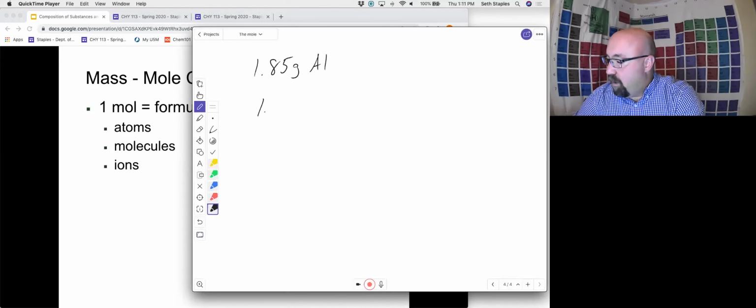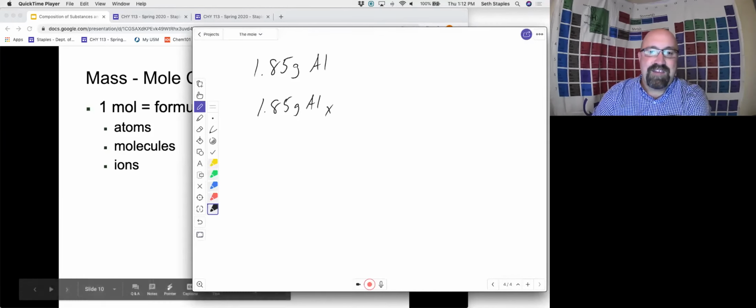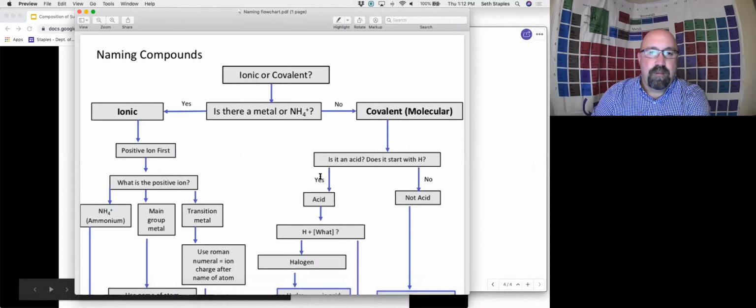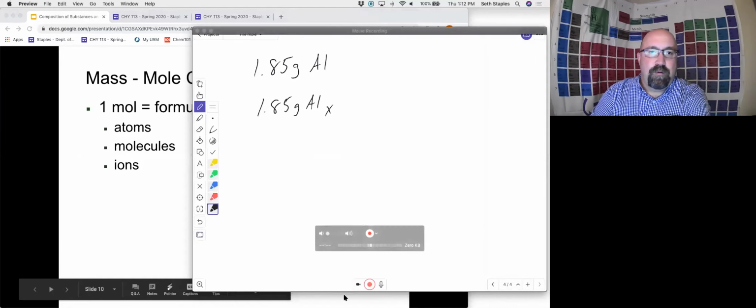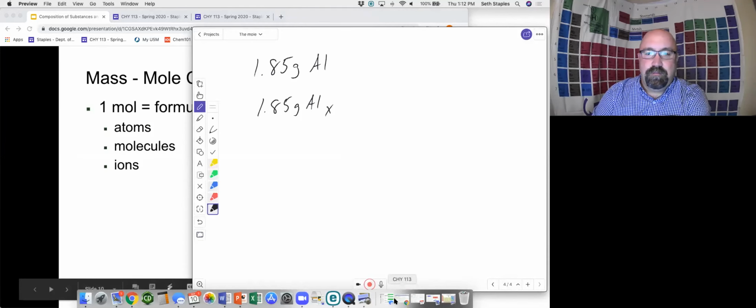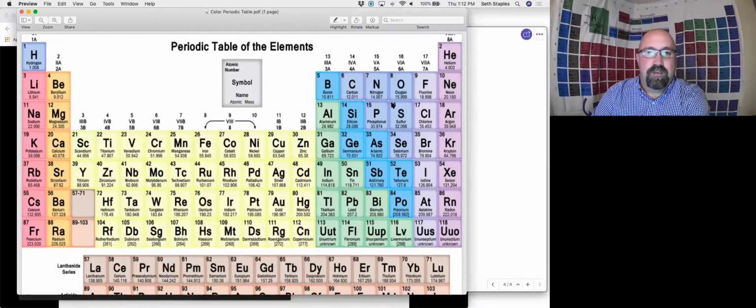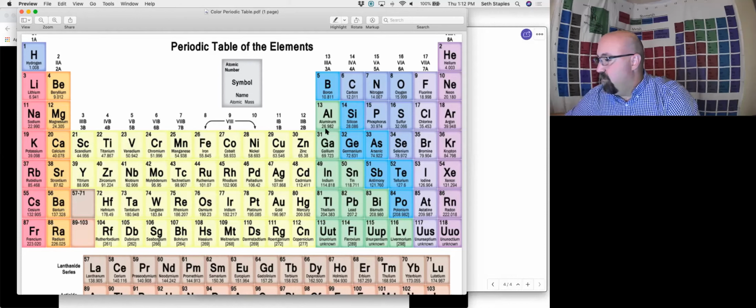So we're going to take our 1.85 grams of aluminum, and now we're going to use our molar mass as our conversion factor. Where's my periodic table? There it is. So here's aluminum. Let me just write this over here. So aluminum is 26.982.